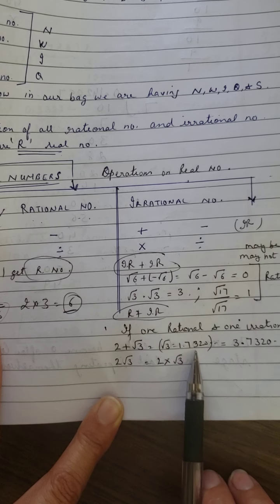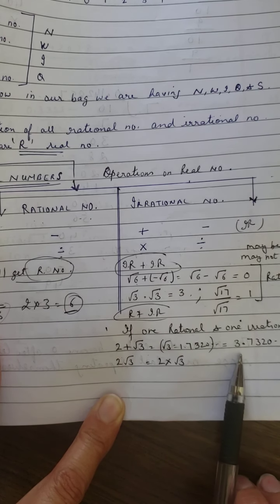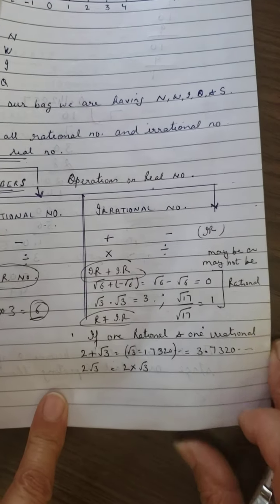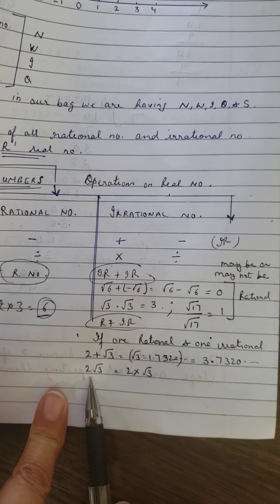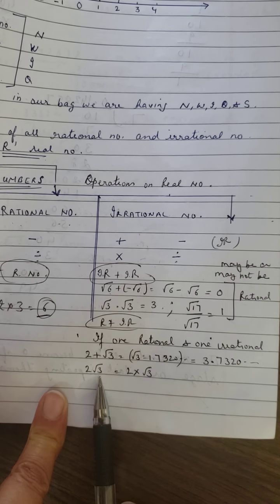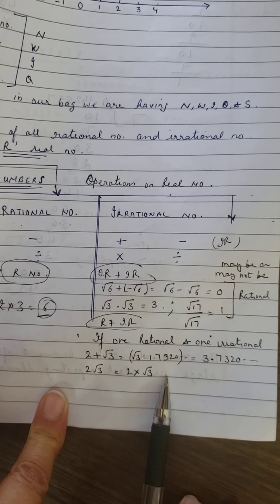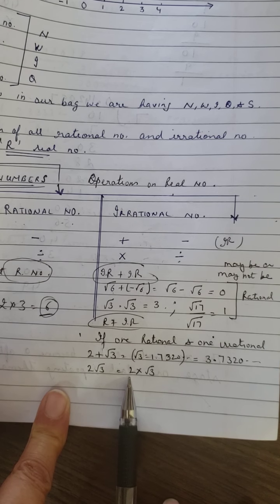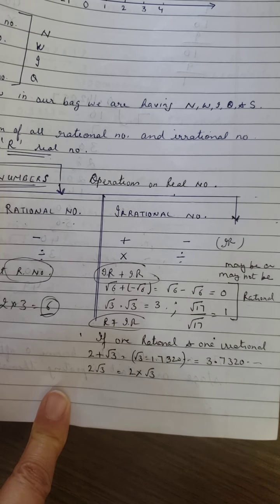So 2 plus root 3, under root 3's value is this, and when we add 2 to it, the answer turns up like 3.7320. Similarly, multiply. 2 is rational, under root 3 is an irrational number. When we multiply 1.732, which is non-terminating and non-repeating, by a rational number, the resulting number will always be an irrational number.